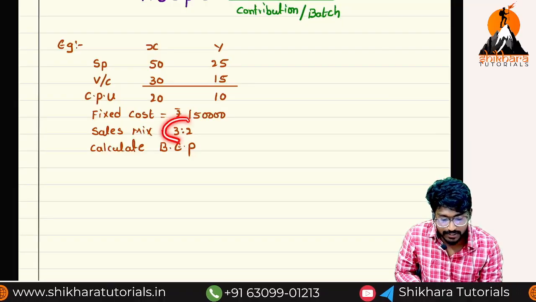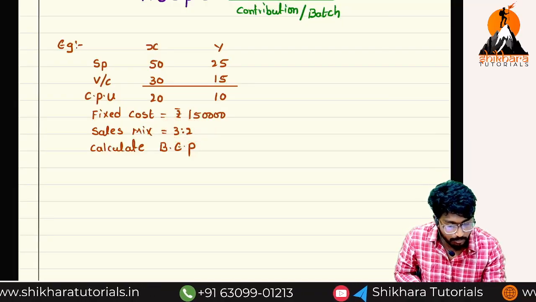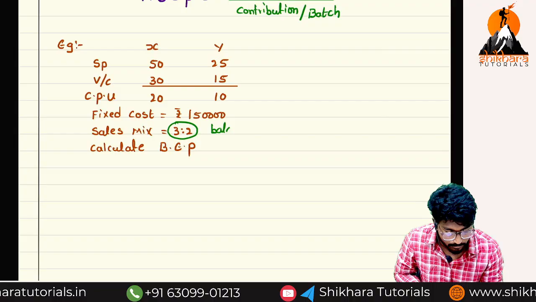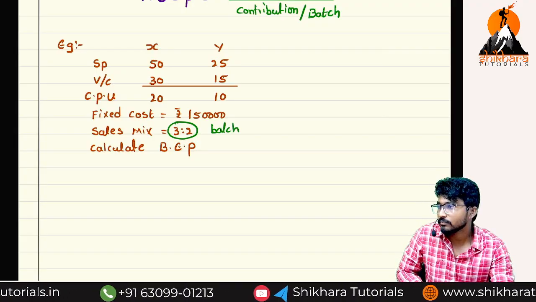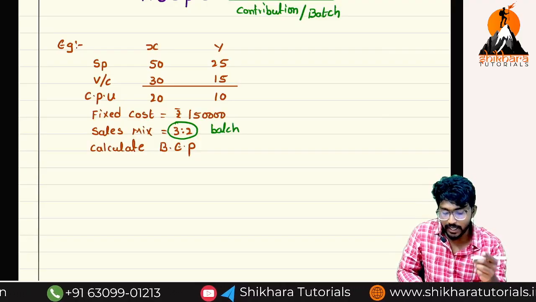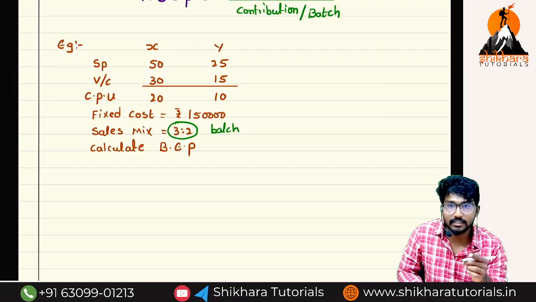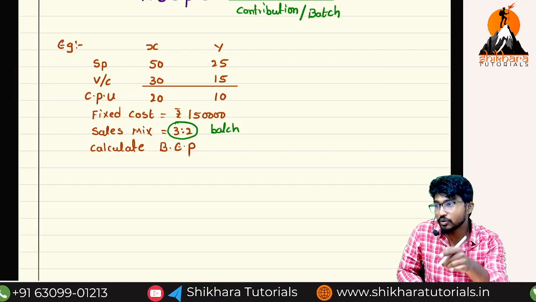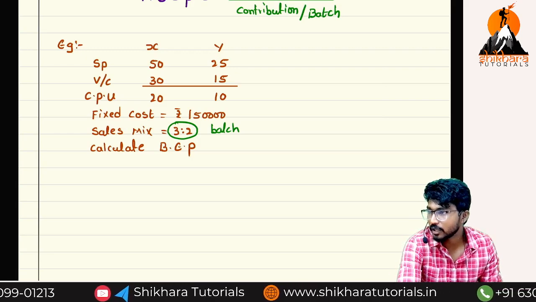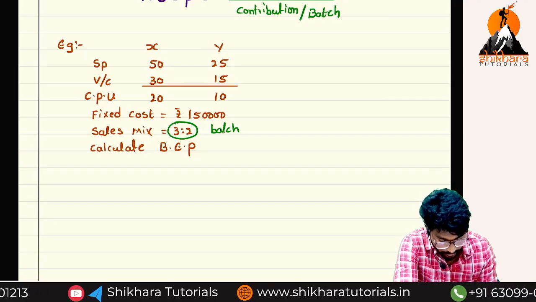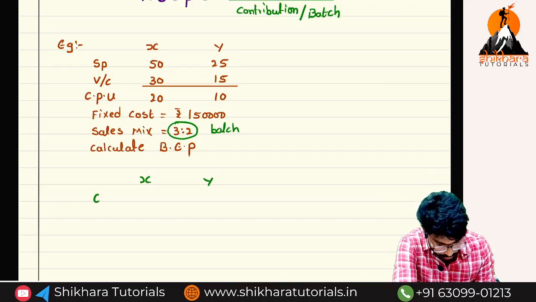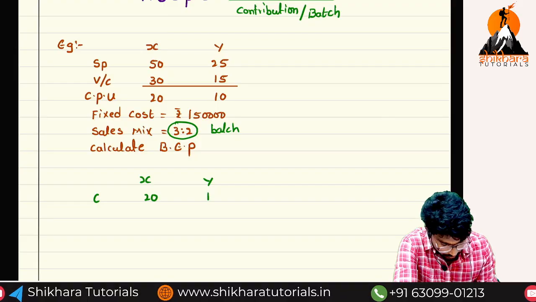Now I am taking this sales mix as a batch. Now I am selling one batch in the market. One batch consists of 3 units of A and 2 units of B. If I sell 3 units of A and 2 units of B, I will get X and Y, with contribution 20 and 10.